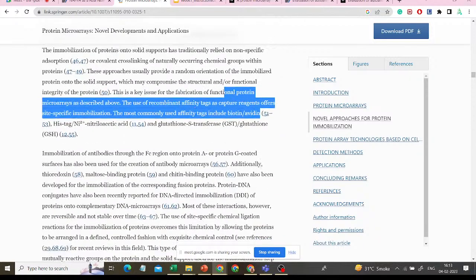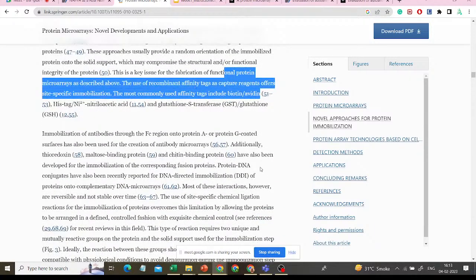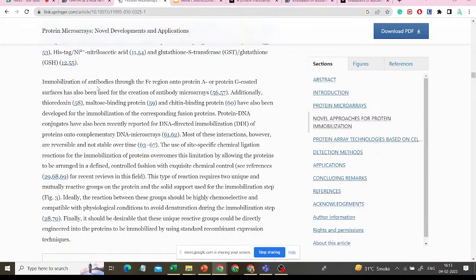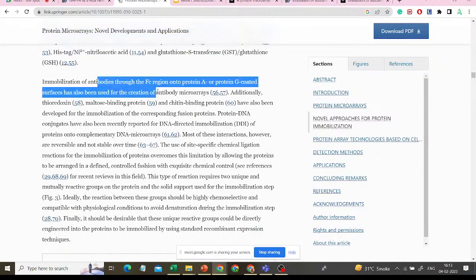Now there is the use of recombinant affinity tags, which is site-specific immobilization. The most commonly used affinity tags are biotin, avidin, His tag, GST, all these things. Then there is immobilization of antibodies through the Fc region onto a protein A or protein G coated surface.